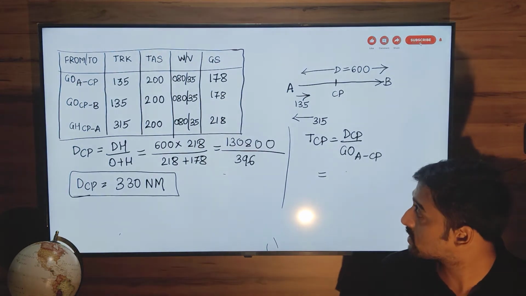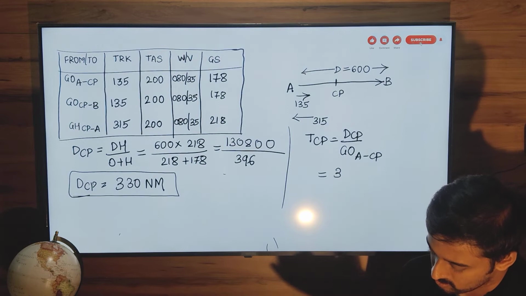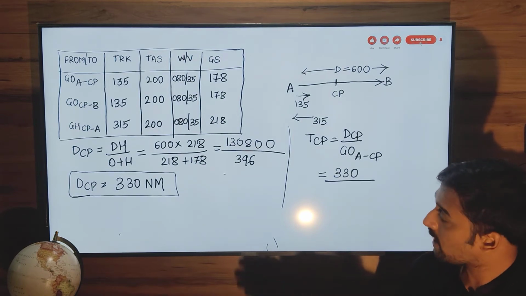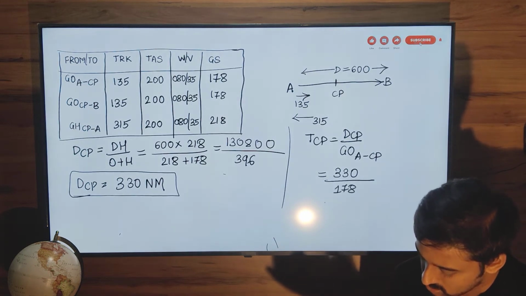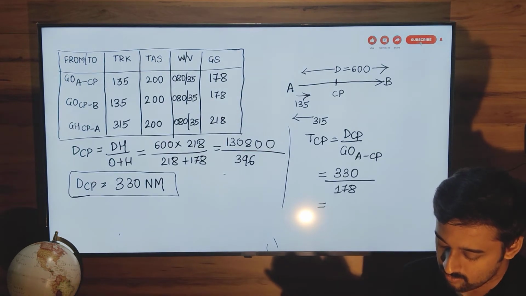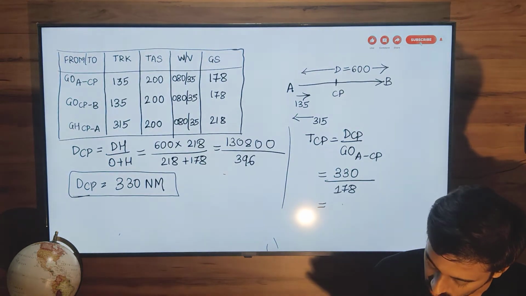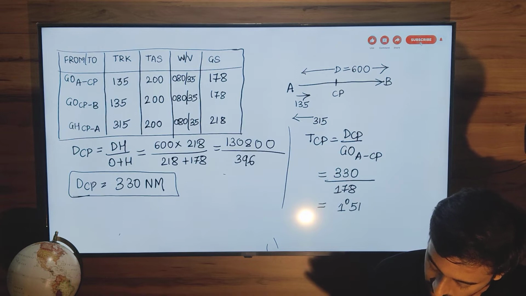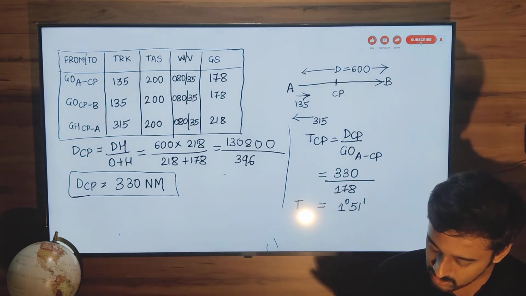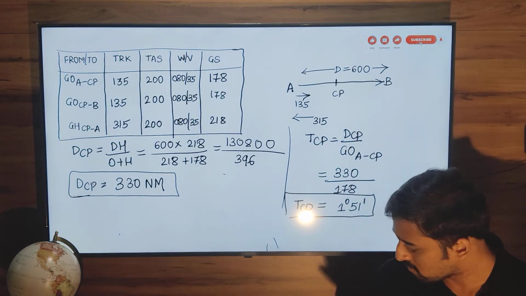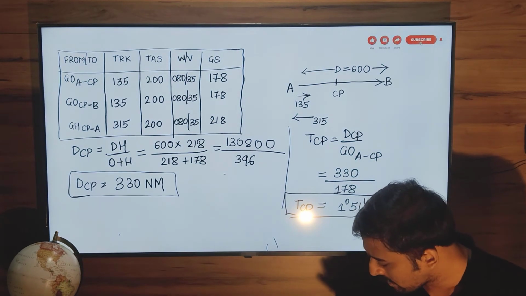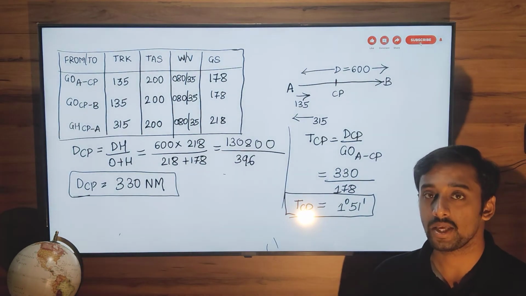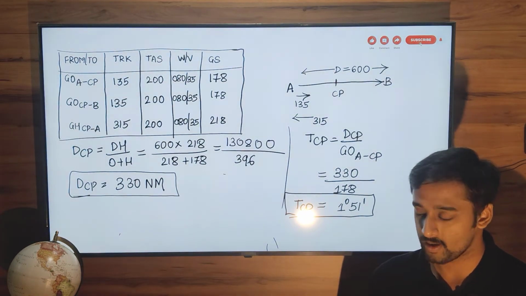So distance to CP is 330 and ground speed A to CP is 178. 330 divided by 178 is 1 hour 51 minutes. So time to CP is 1 hour 51 minutes. So 330 nautical miles and 1 hour 51 minutes. So select the option which is closest to both of them.